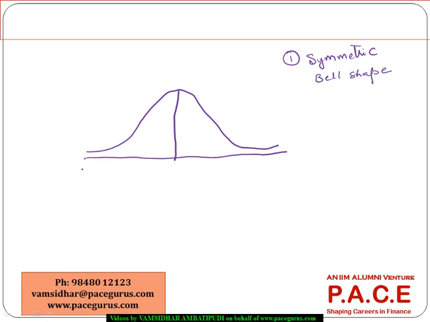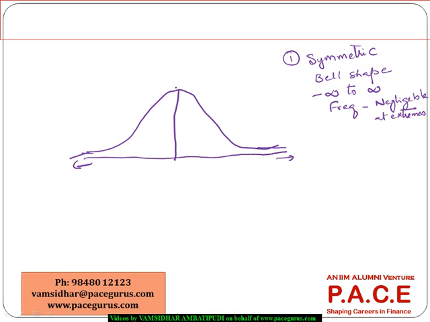But typically these outcomes don't touch the x-axis, which means the value lies between minus infinity to plus infinity. Though as it moves farther and farther, the frequency is negligible at the extremes, but it is not zero, remember, which means it will never touch the x-axis anywhere. It goes on and on up to minus infinity. So there is limitless extension towards the left as well as the right.